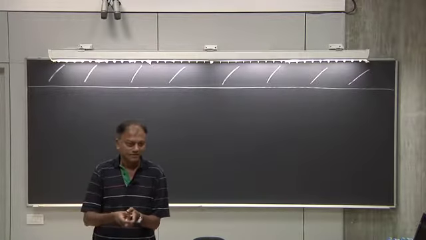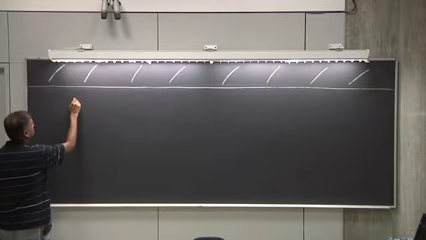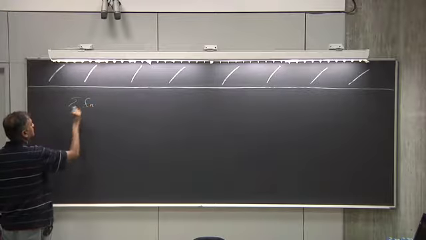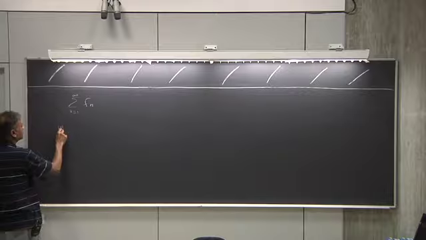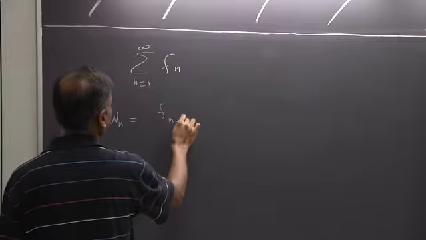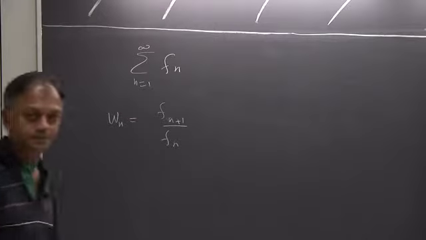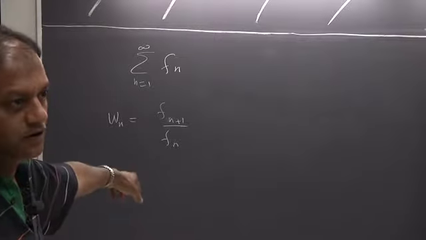And just to remind you, if you have a series, something like the sum over Fn, n going from 1 to infinity, then you can look at the ratio, define Wn equal to Fn plus 1 divided by Fn. This works, of course, assuming that all the Fn's are not 0. Otherwise, you cannot divide.